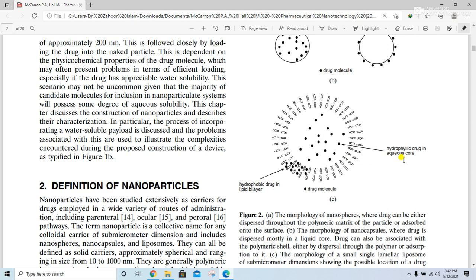In this case, the hydrophilic drug is dispersed in the aqueous core. So there is a major difference. This is a hydrophilic drug and this one is a hydrophobic drug. Here the hydrophobic drug is incorporated in the lipid bilayer. And you know that in a lipid bilayer there are two layers, one hydrophilic and the second one lipophilic.